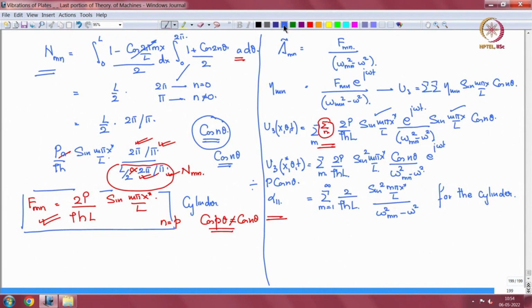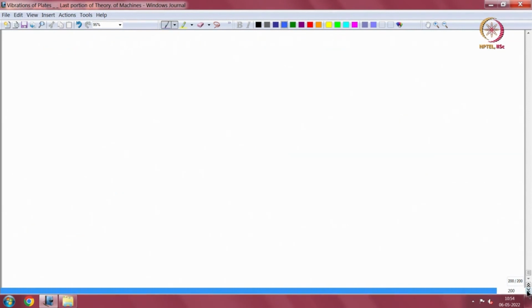Next we go to the stiffening ring. For the ring that stiffens, we have a ring over here which is actually a one dimensional structure. It will also have a radius of a, then it will have a width of b.